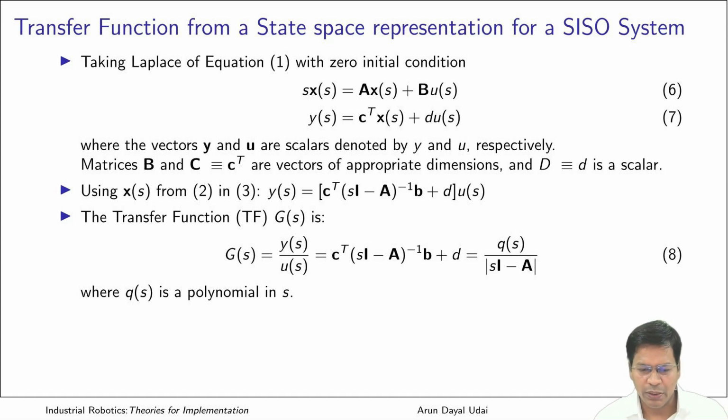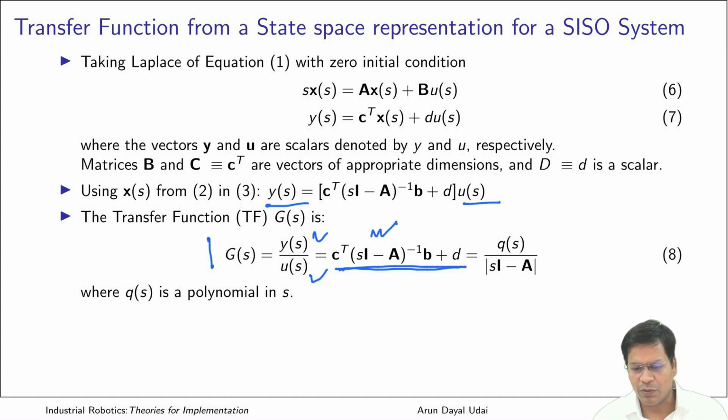So output was Y(s), input is U(s), so that is your transfer function. That is given as this. This is your output, this is your input, so this becomes your transfer function. If you put the inverse over here, it is adjoint of (sI minus A) by determinant of (sI minus A).